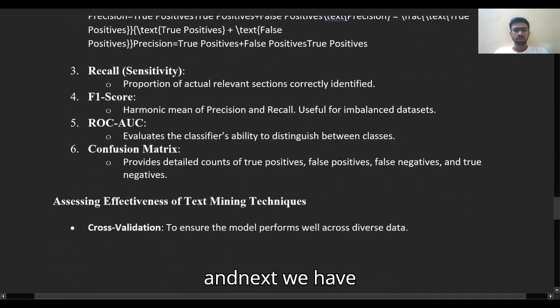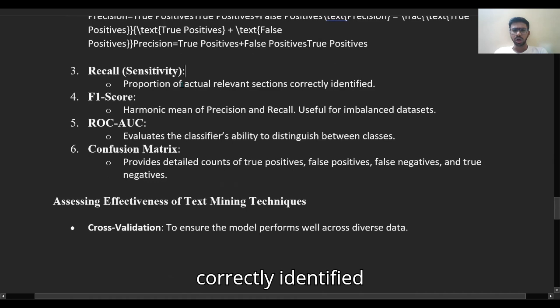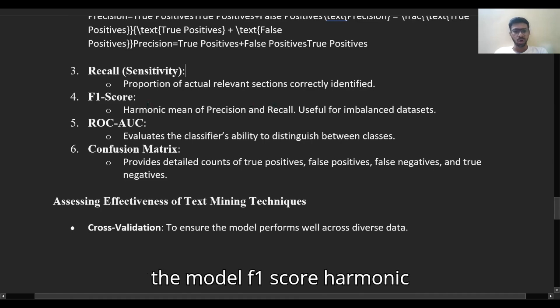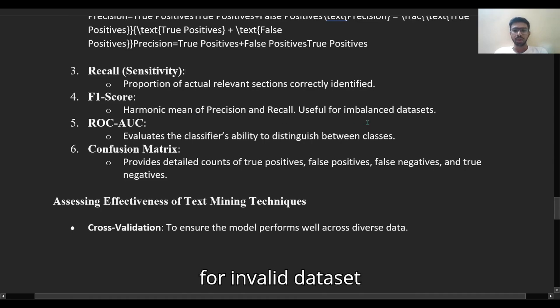And next we have recall, or sensitivity: the proportion of actual relevant sections correctly identified. Recall identifies all the relevant sections correctly identified by the model. F1 score: the harmonic mean of precision and recall, useful for imbalanced datasets.